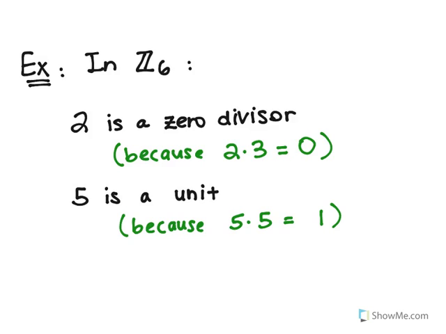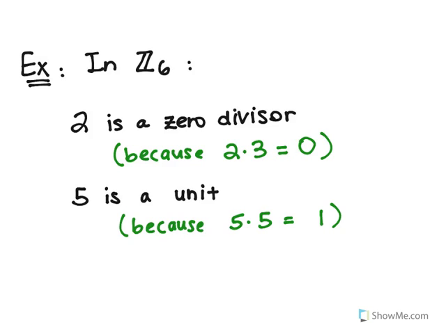For instance, let's say we're in the ring Z6, where the operations are addition and multiplication modulo 6. Then 2, for instance, is a zero divisor. Why? Well, it's a non-zero element, and I can find something non-zero to multiply it by that will give me 0. Namely, in this case, 2 times 3 gives me 0.